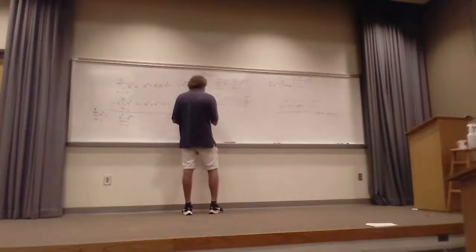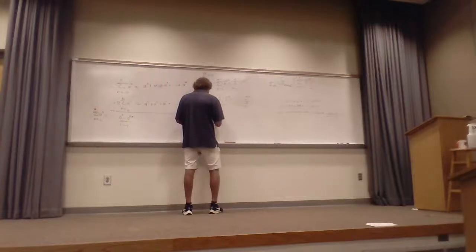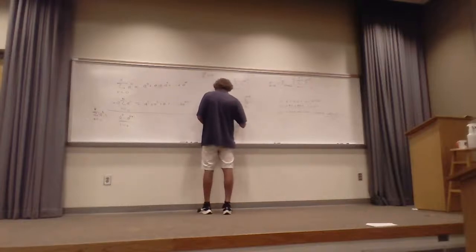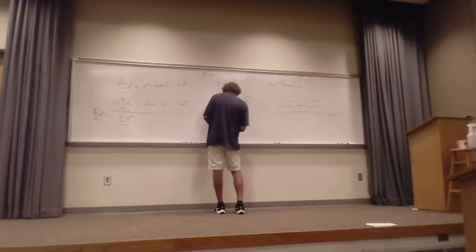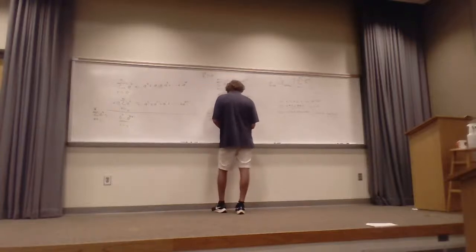When I have 1 minus e to the j N psi over 1 minus e to the j psi, I can factor out an e to the j N psi over 2 out of the top, and I get e to the minus j N psi over 2 minus e to the j N psi over 2. And on the bottom, I can factor e to the j psi over 2 up front, and I have e to the minus j psi over 2 minus e to the j psi over 2.